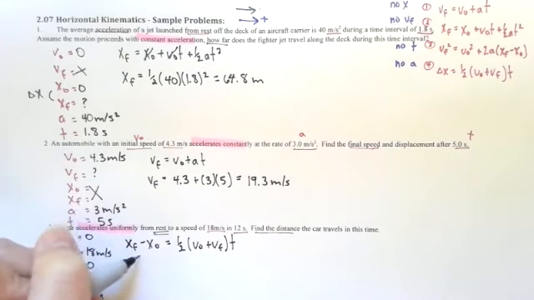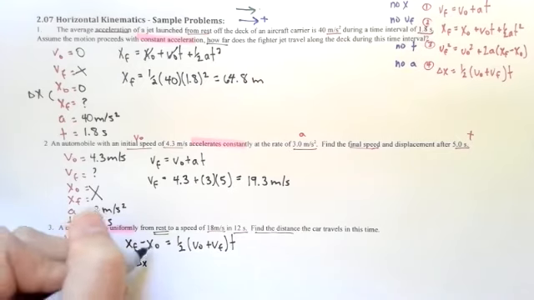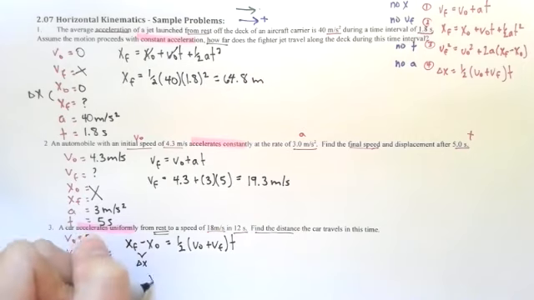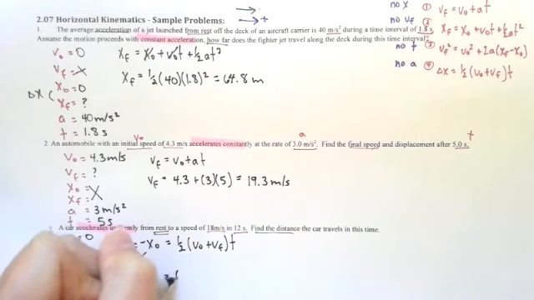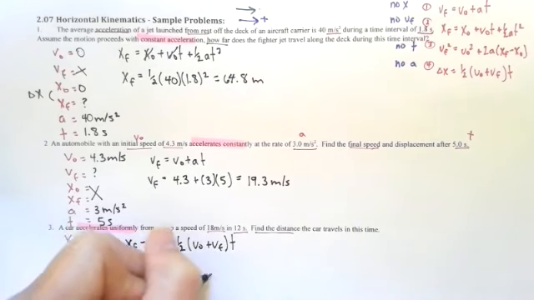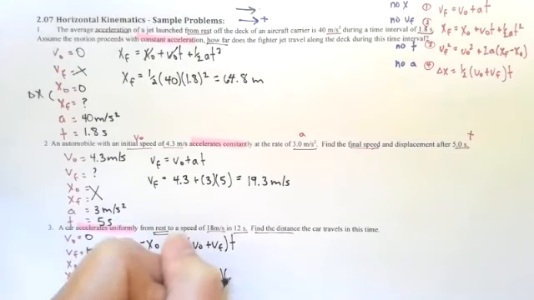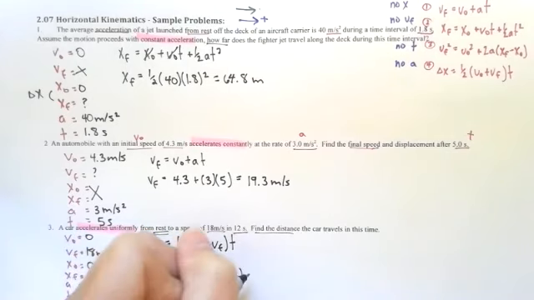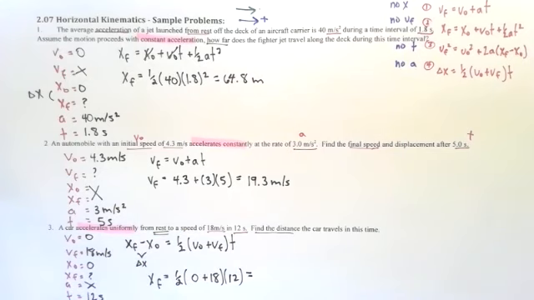So this is the same thing as delta x. I know that my initial x is 0, so I'm just going to say x sub f is 1/2 times 0 plus 18 times 12. And when I solve that, I'm going to get, I believe, I better double check this one, 108 meters.